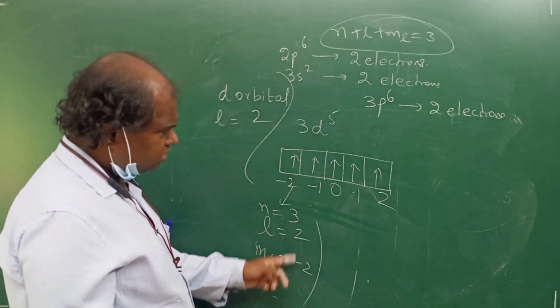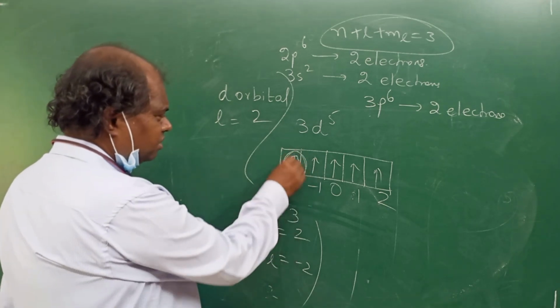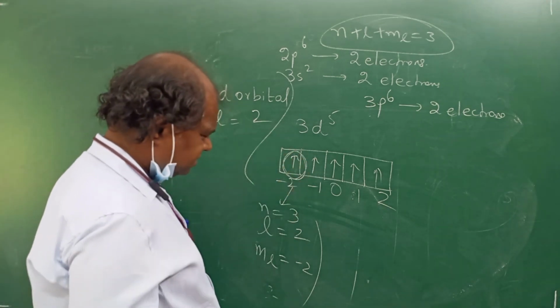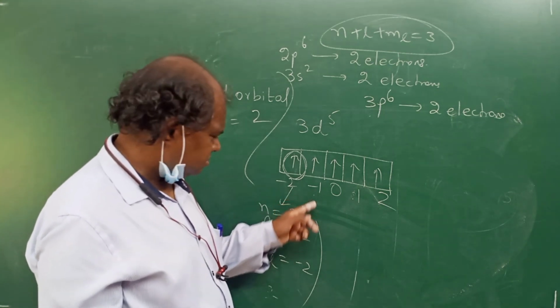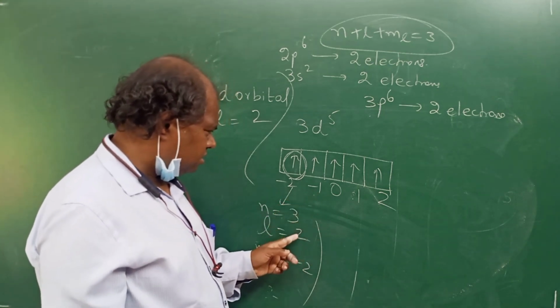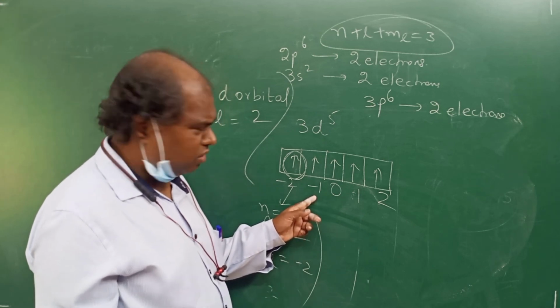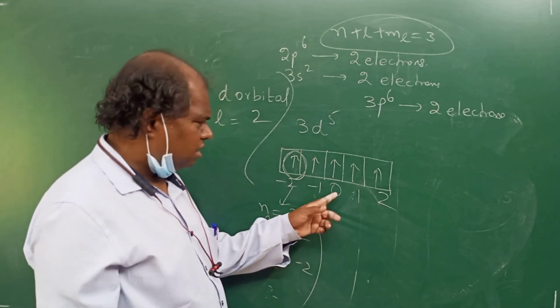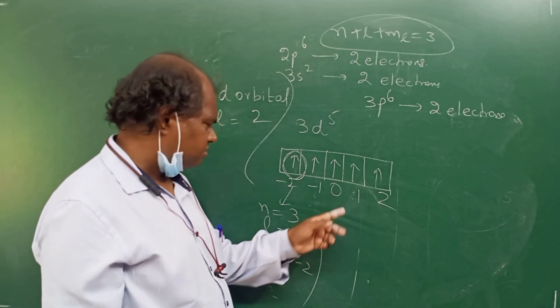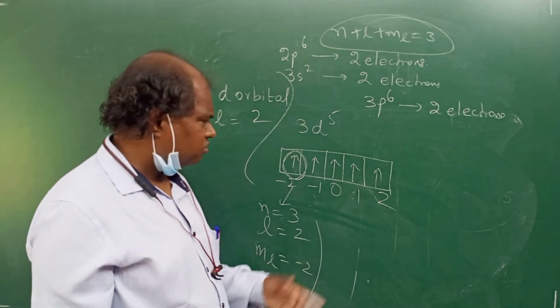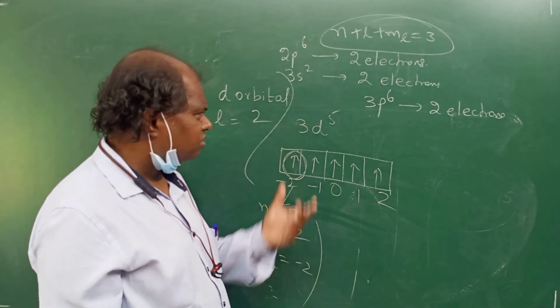3 plus 2 minus 2, but there is only one electron, students, very important. There is only one electron. You can do the same thing for this. I don't think you will get it, because 3 plus 2 minus 1, you will not get it. Here also 3 plus 2 you will get 5. I don't think you will get for this. So I think you will get only 1 electron, right?